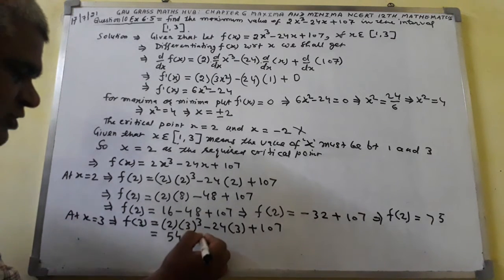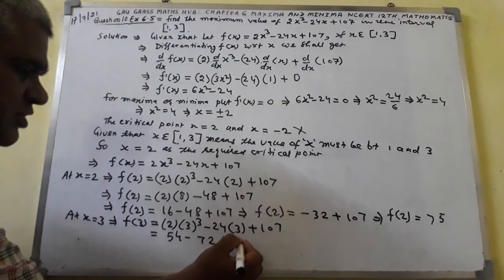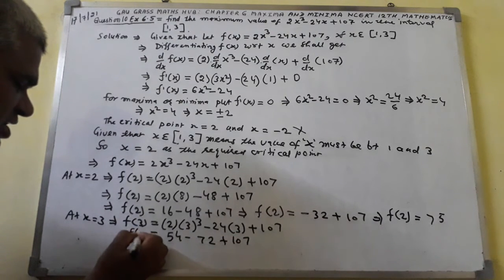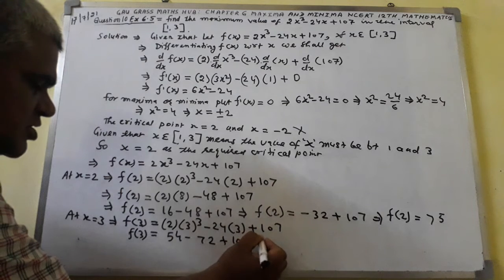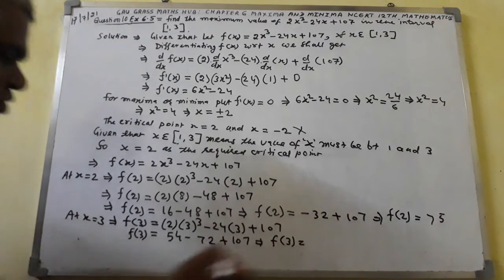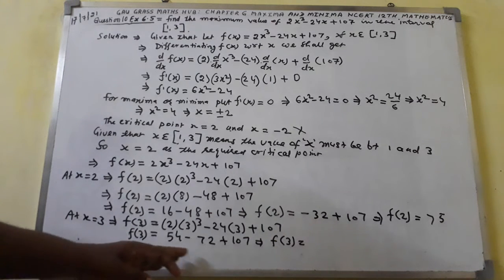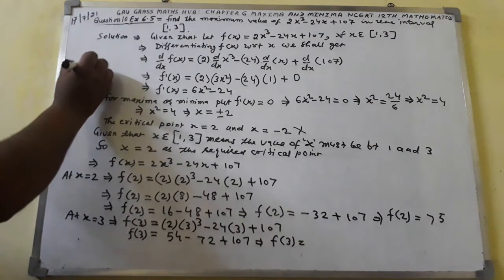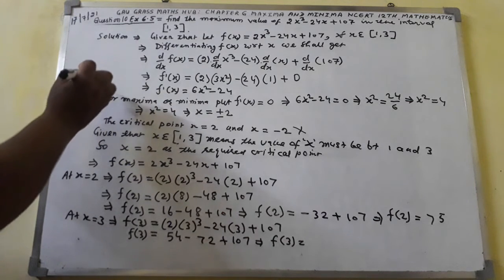Here you will get 72 plus 107. F of 3 I have taken, implies that f of 3 is equal to 54 minus 72. Calculate 72 minus 54, you will get 18.